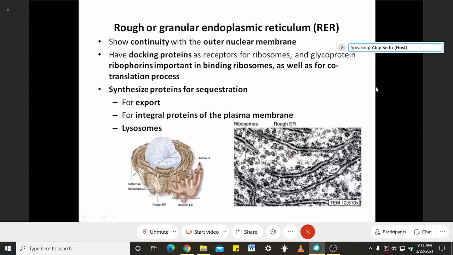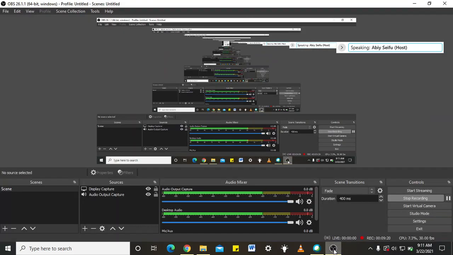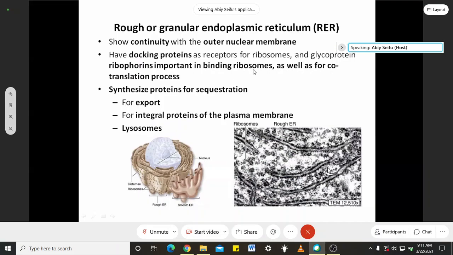And on this rough endoplasmic reticulum, same as on the outer membrane of the nuclear membrane, there are ribosomes attached because they have receptors. There are receptors for these ribosomes, made by docking proteins as well as glycoproteins, ribophorins, which hold on to the ribosomes on their membrane.